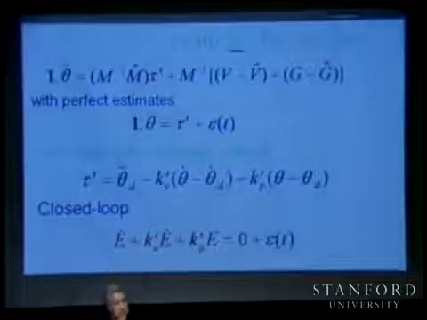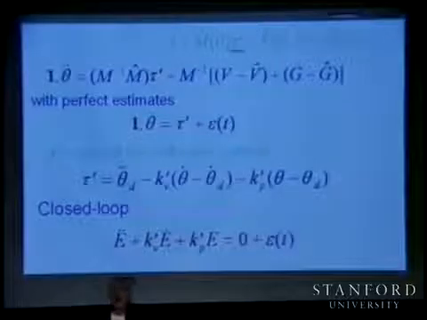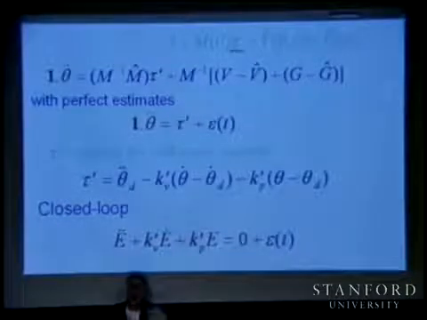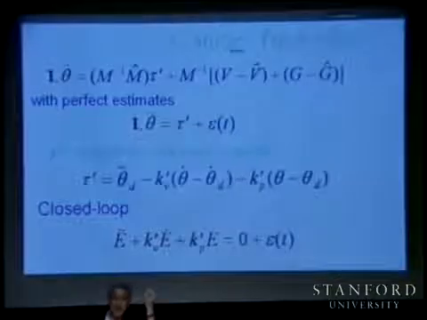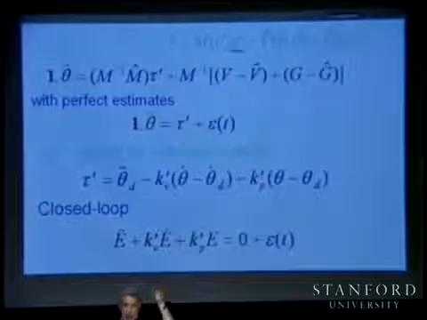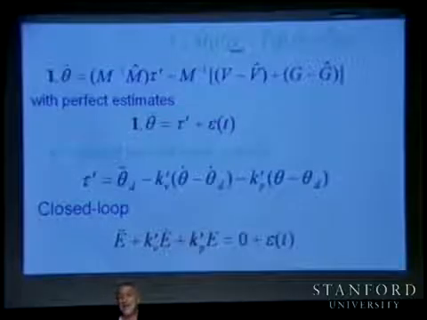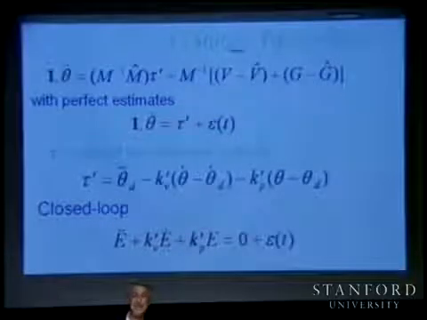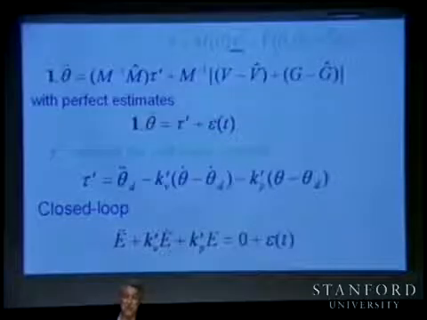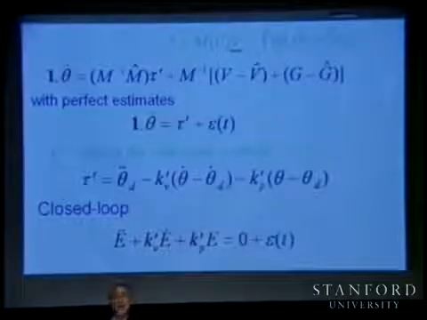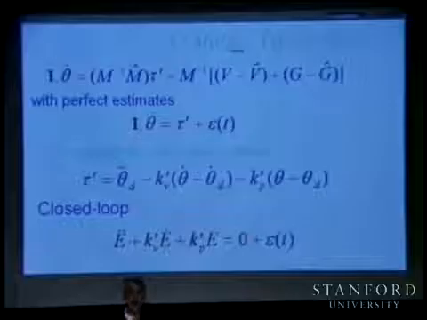What about v? If you make a mistake in v hat. So what is v? V is a function of theta and theta dot. You make a mistake in v hat, which is coming from your estimate of theta dot hat that you use to compute v hat, and that might be really dangerous because v is a function of velocities.